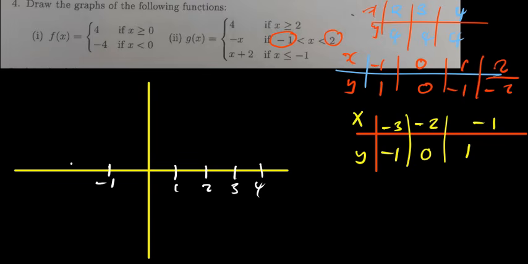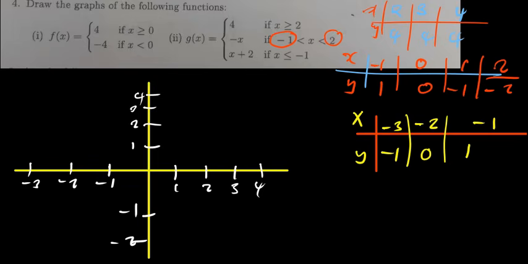Then the y positive value ends at 4, so I'll say 1, 2, 3, 4. On the negative side, there's only negative 1 and negative 2.